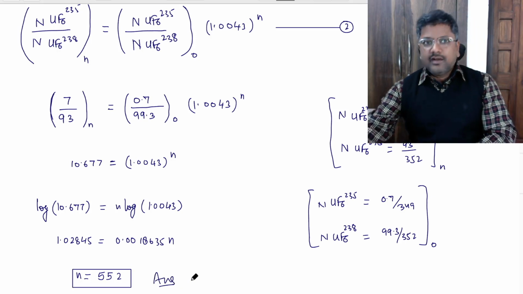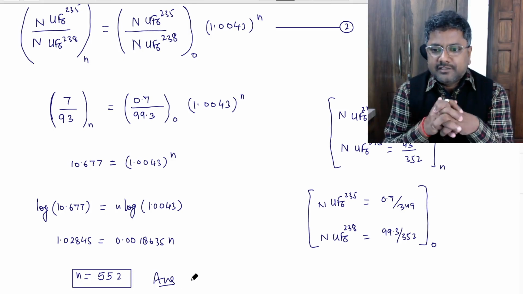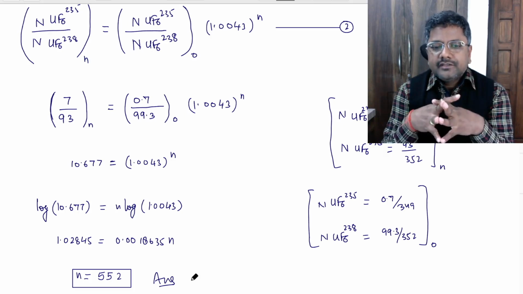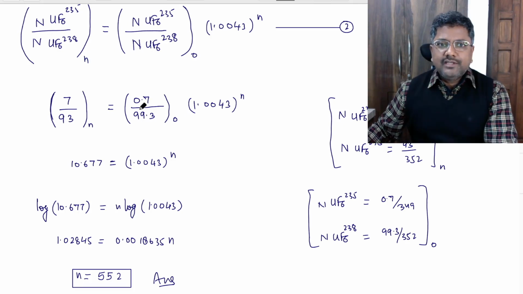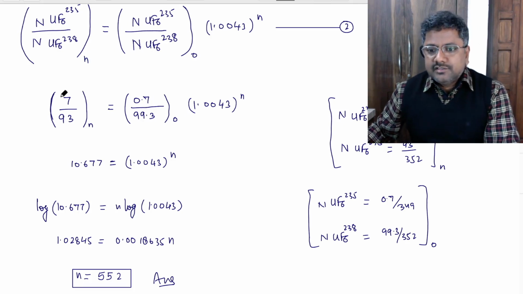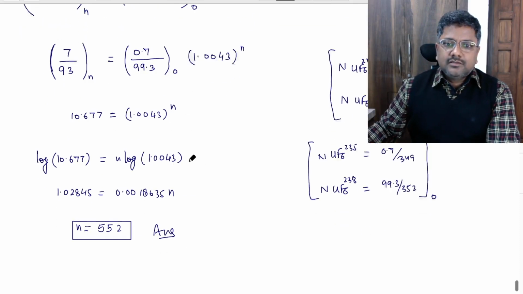So after 552 times, if you repeat the experiment, then you can enrich the uranium-235 from 0.7% to 7%. Clear to everybody? Okay, good.